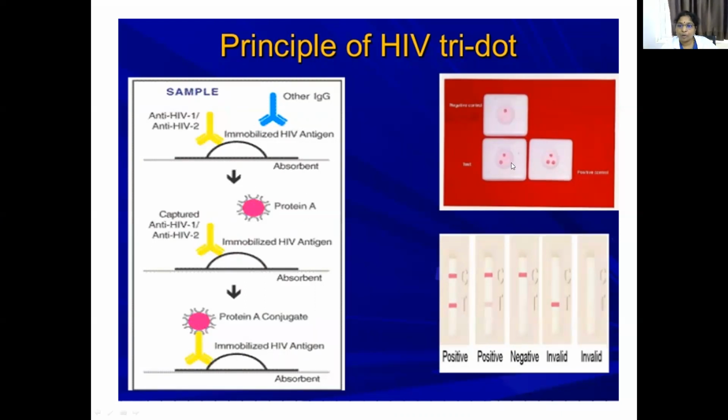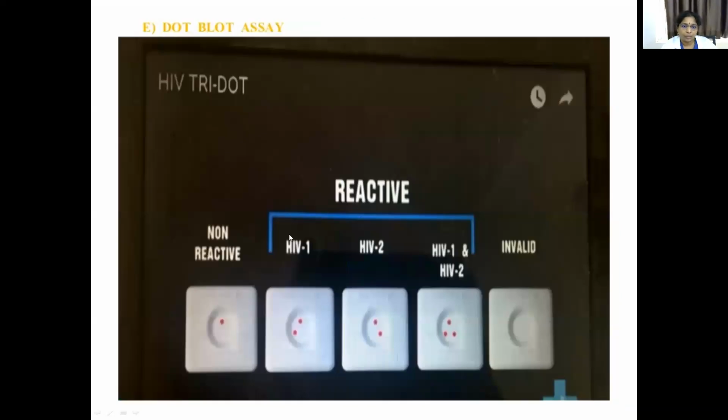It is called reactive or non-reactive. We don't tell it is positive or negative. For a flow-through assay, we tell it is reactive to HIV or non-reactive to HIV. So when is it called reactive and when non-reactive? When there is a colored spot only in the control region, it is called non-reactive.